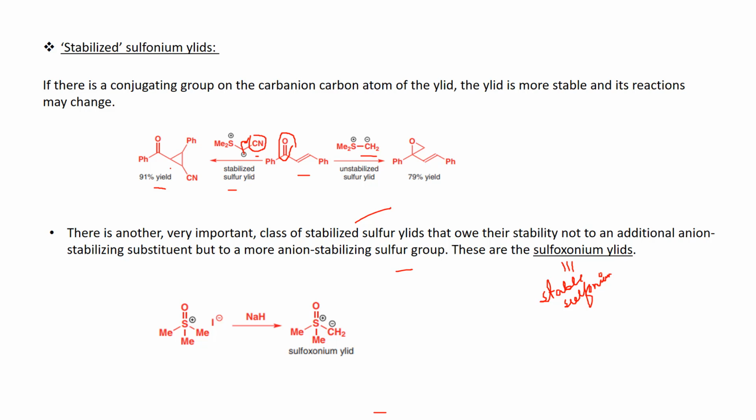If you are adding any alpha beta unsaturated aldehyde or ketone, it will selectively react with the alpha beta unsaturated double bond. But if you are adding unstabilized sulfonium ylide to an alpha beta unsaturated carbonyl, it will react with the carbonyl group.